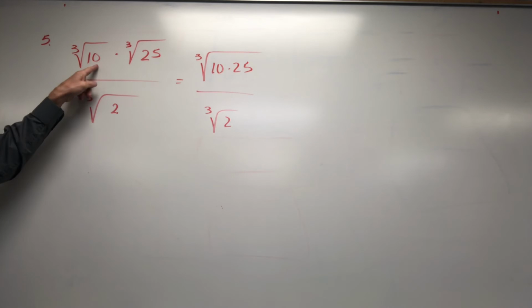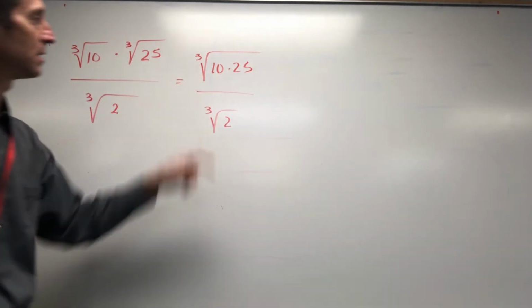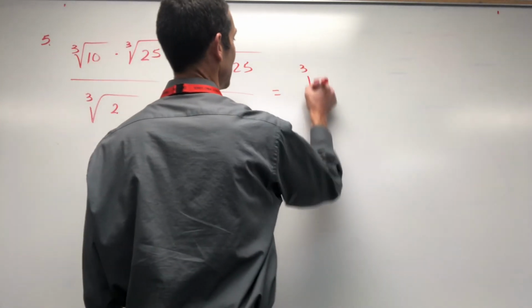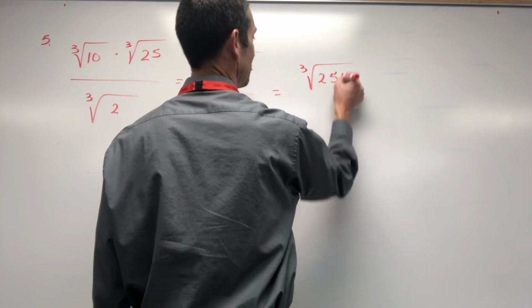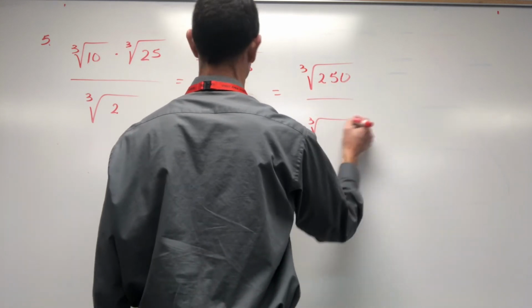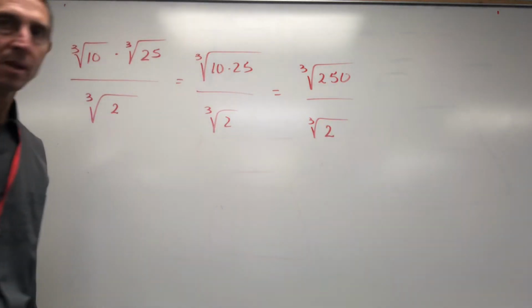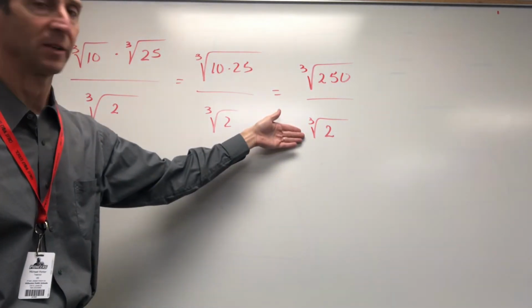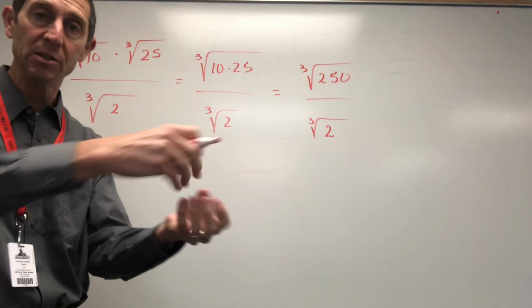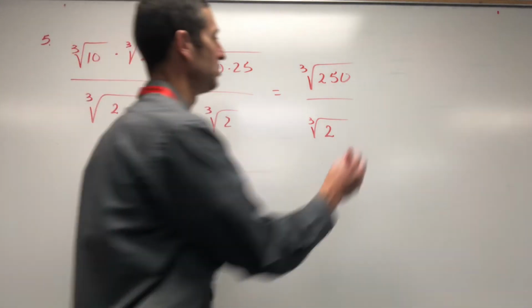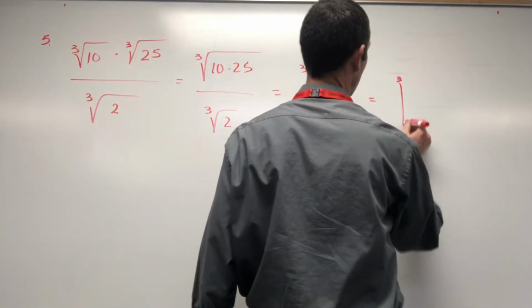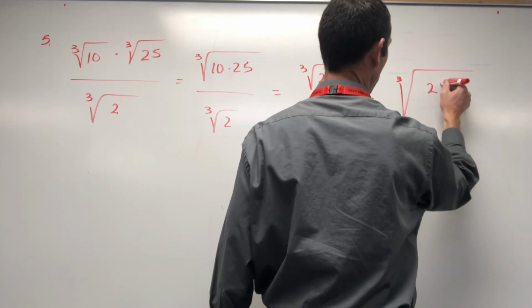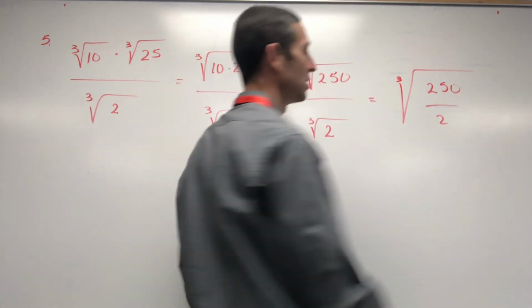So 2 cube roots multiplied together, 10 times 25, cube root of 250. And now what we're looking at is I've got a cube root up top and I've got a cube root on bottom. Let's do that division trick where we make one giant root sign. And I've got 250 up top over 2.